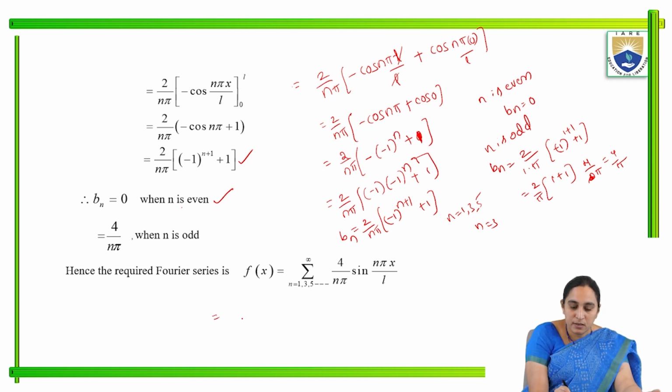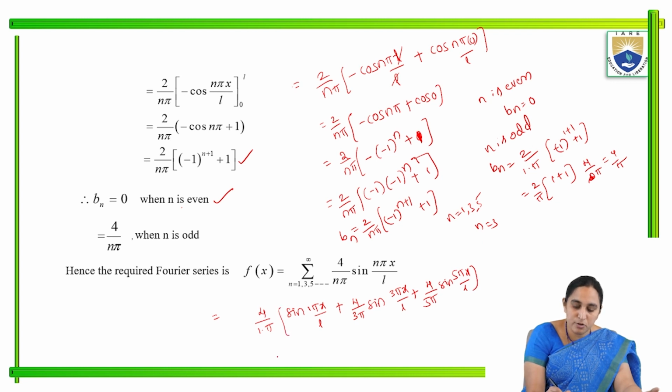If we take n as 1, that is 4 by pi into sin(pi x by L), plus 4 by 3 pi into sin(3 pi x by L), plus 4 by 5 pi into sin(5 pi x by L). But what about the L value?